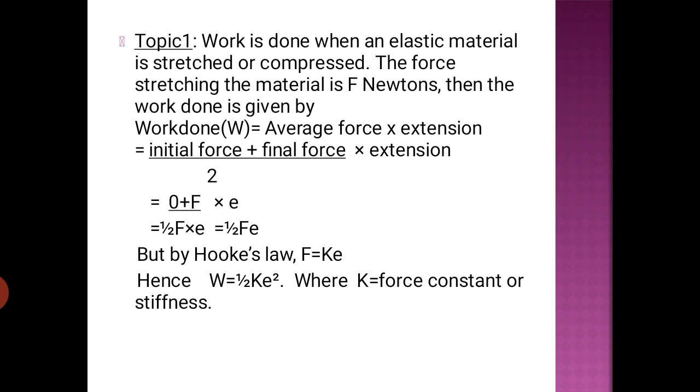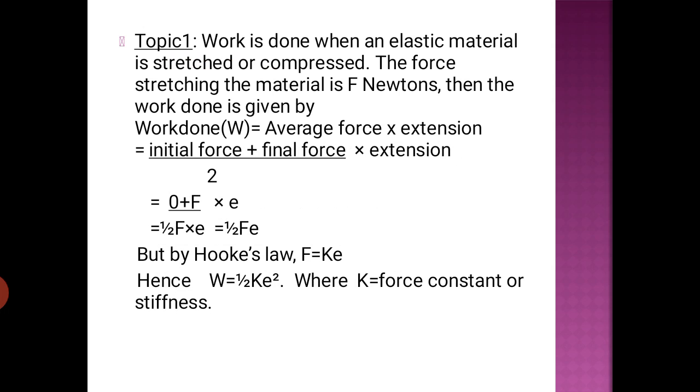Now we go on with topic one. Work is done when an elastic material is stretched or compressed. The force stretching the material is F. The unit is in newtons.